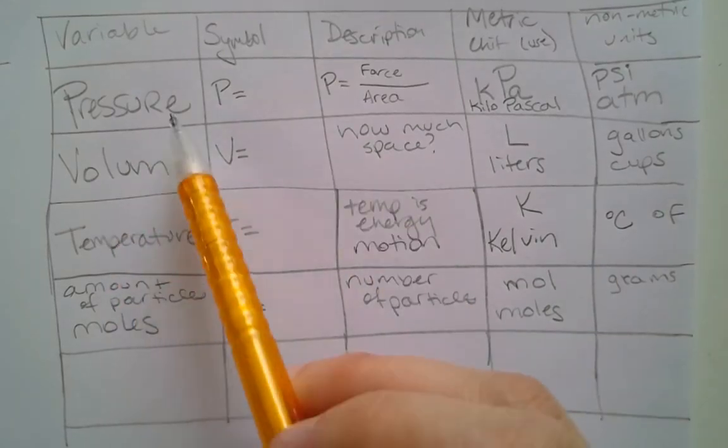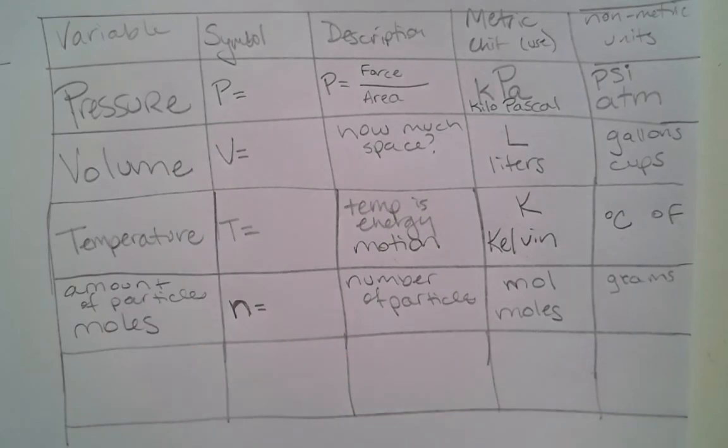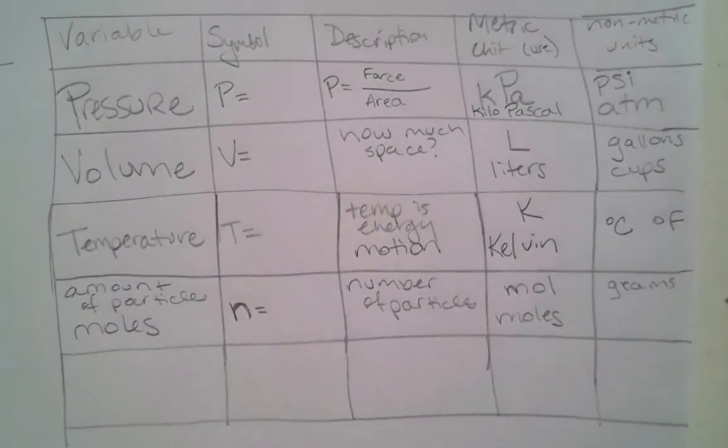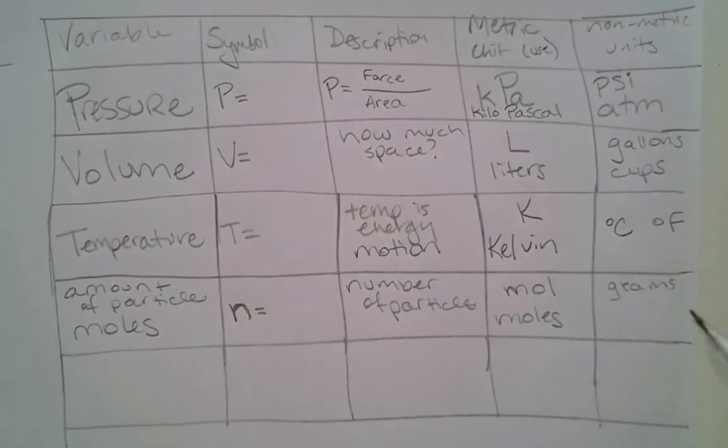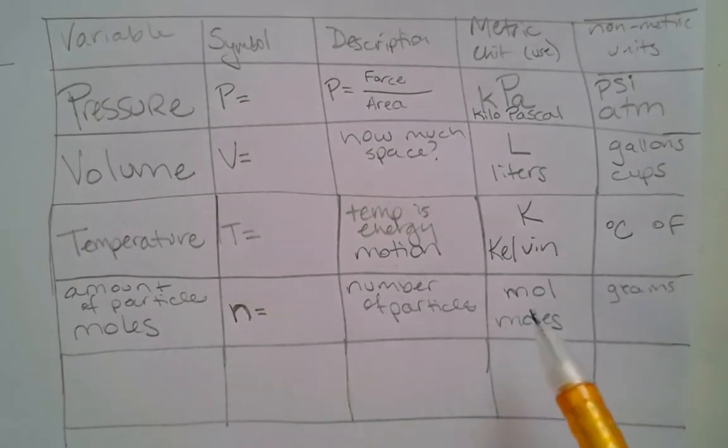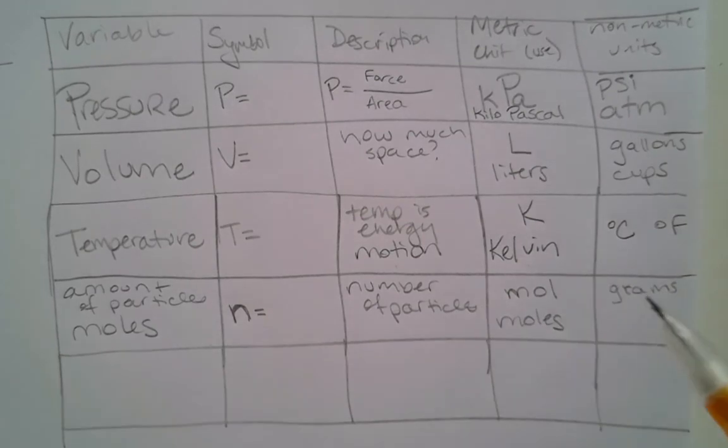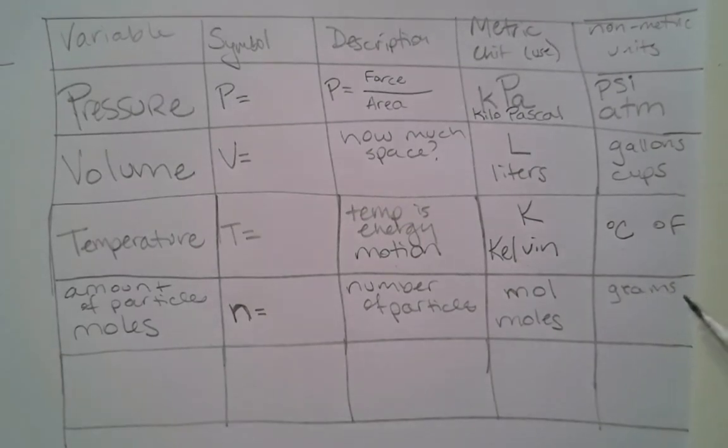Things are going to get a little weird here, but you can convert other things to moles. The number of particles we'll measure as moles. Okay, good. So those are your 4 variables.